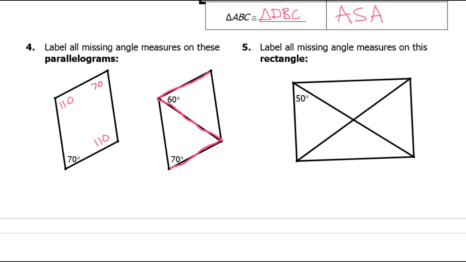So that tells me that this angle right here is going to be 60. Okay? Similarly, I can make a different Z.